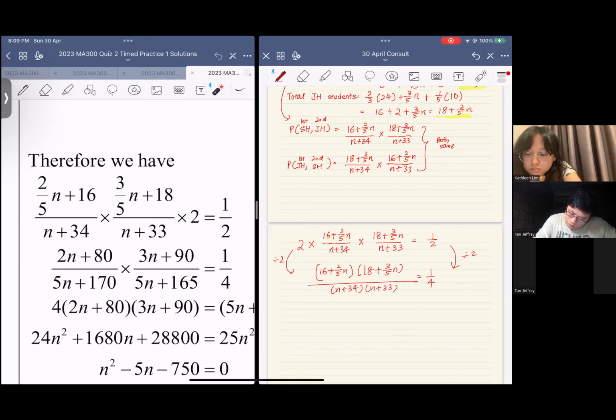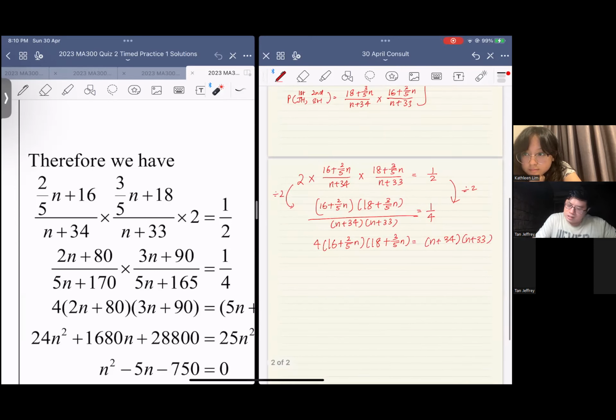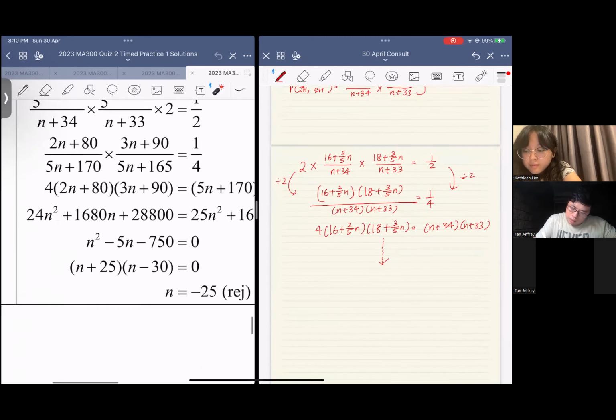Cross multiplying, 16 plus 2 over 5n, 18 plus 3 over 5n, multiplied by 4 is equal to n plus 34, n plus 33. I'll leave the rest to you. You need to simplify the equation. But it's doable. At the end of the day, what do you get? You get n squared minus 5n minus 70, right?